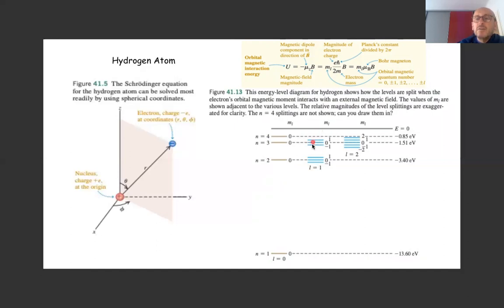The magnitude of this splitting is relatively small compared to the electron volt scale. Actually, this distance between states here in the graph is very large.